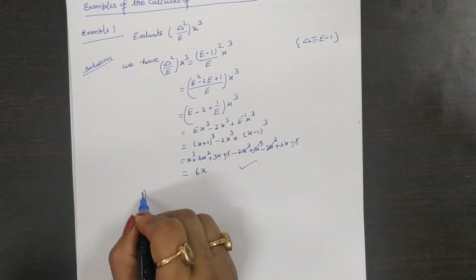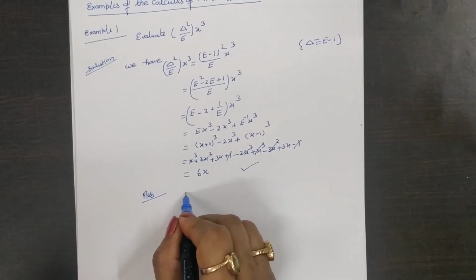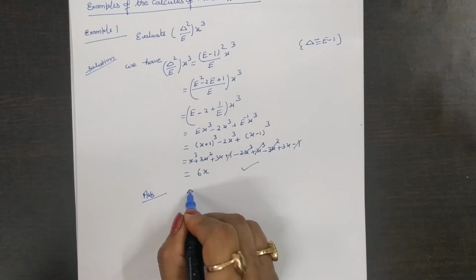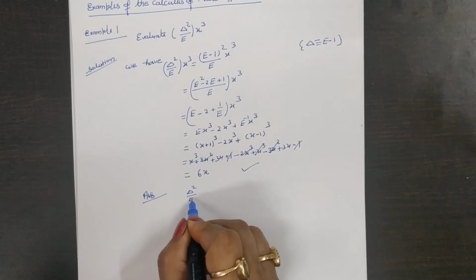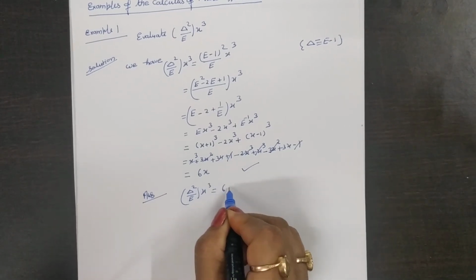Therefore the answer: delta square by E operating on x cube is equal to 6x.